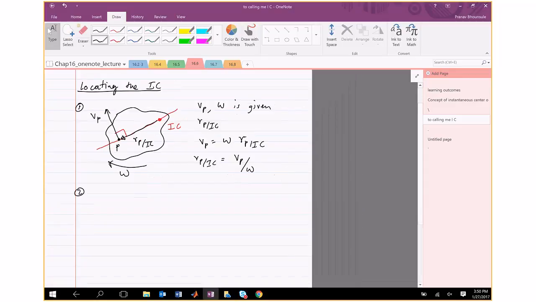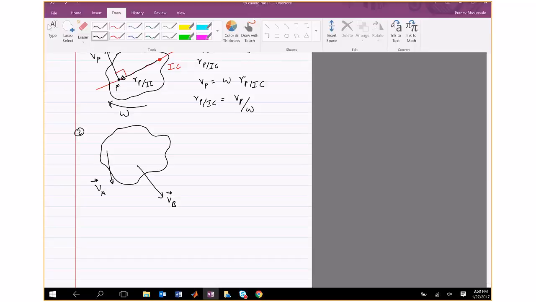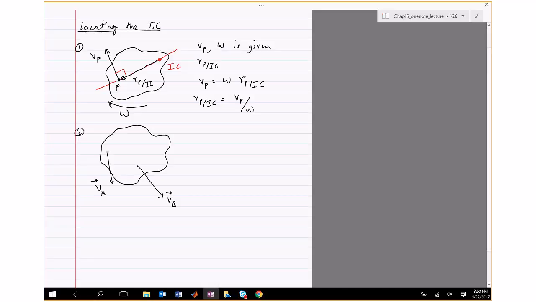Sometimes what might happen is, for the rigid body, you may know the velocities of 2 points only. Okay, you know the velocity and direction, and you're told to find the IC. In this case, what you'll do is you'll draw a perpendicular to A and perpendicular to B, right?